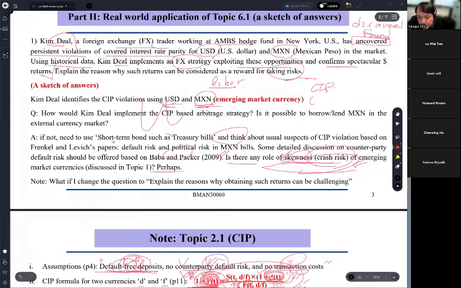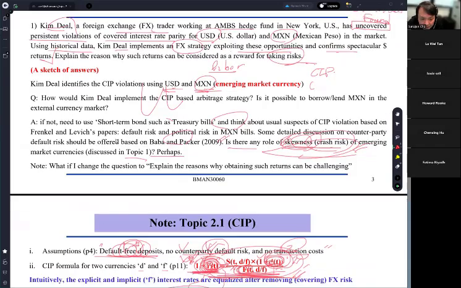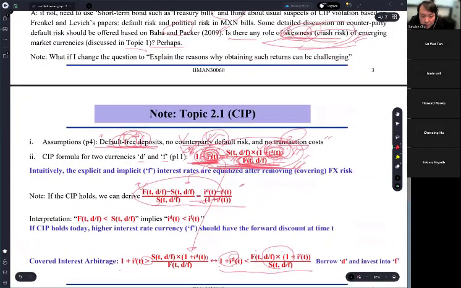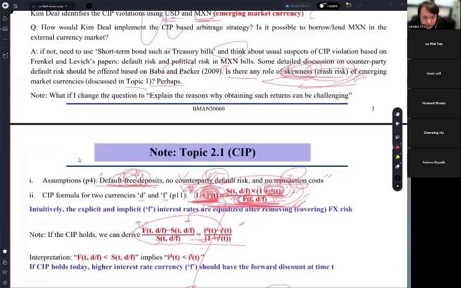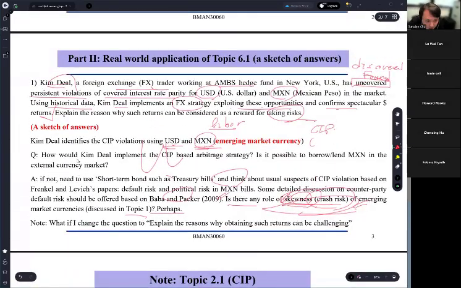And if you mention skewness and crash risk based on topic 1, the answer got 50. I will explain more clearly in the revision class what I expect from the answers to the short questions. But anyway, this could be a hint for you on how to write these answers for short questions. Anyway, that's the answer for this question.